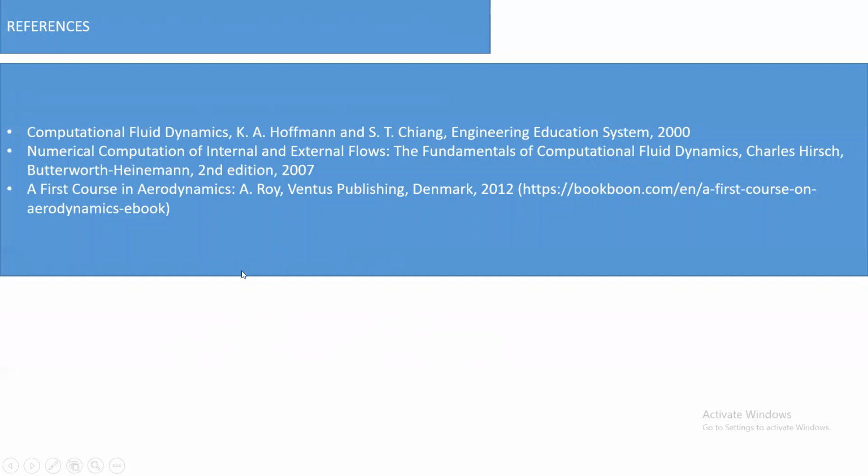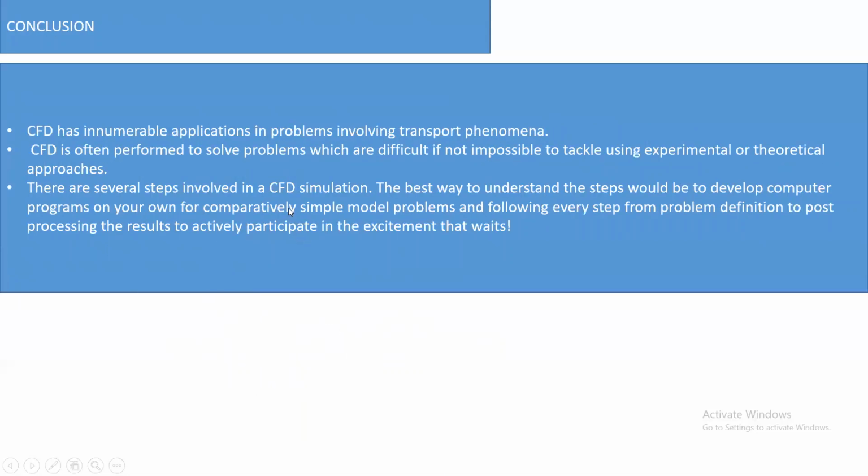I will follow these books throughout the course. Two more books I forgot to mention, I will send you through WhatsApp. One is by John D. Anderson, J.D. Anderson. Another book was written by Hoffman and Chiang. I have the J.D. Anderson one. Yeah, that is a nice book.